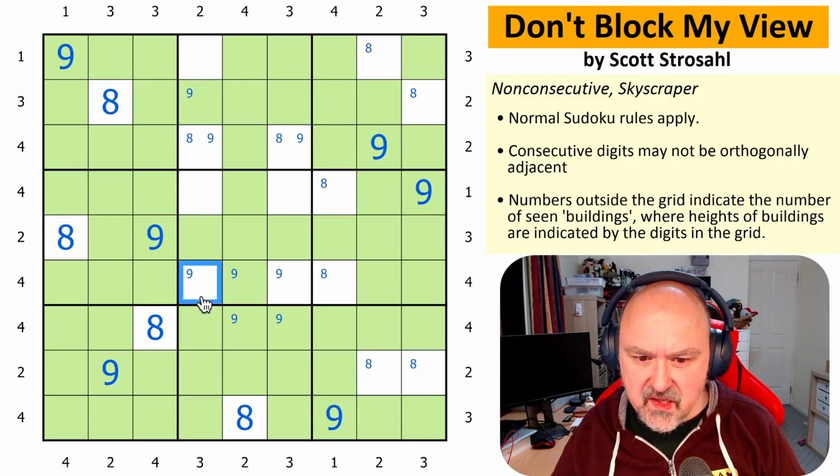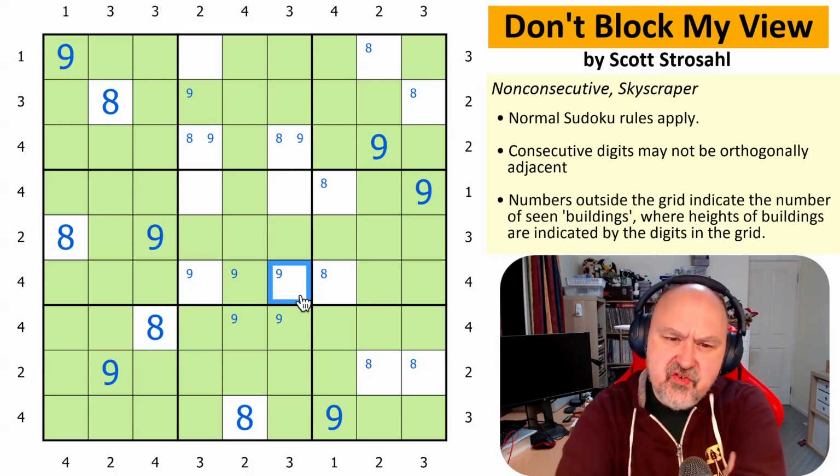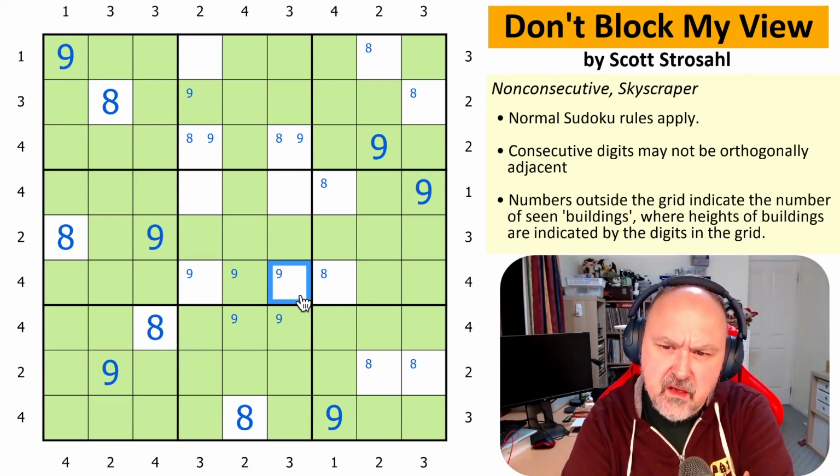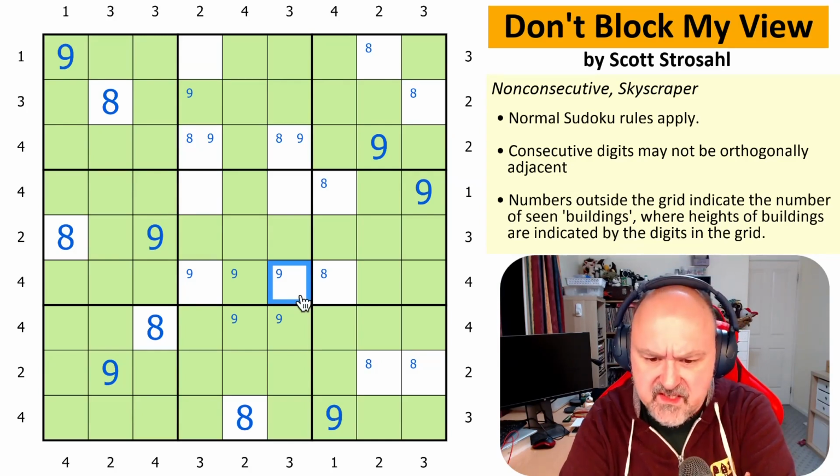Can I do anything here? This is tricky. I did say I've not done many skyscraper puzzles, so it could be just that I don't know what I'm doing.